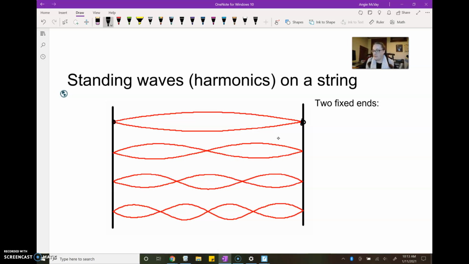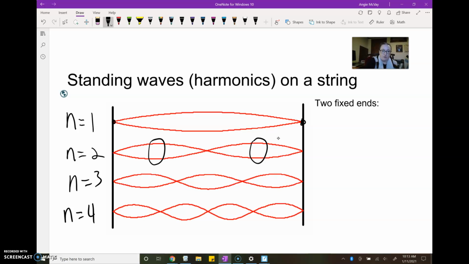And so when we're looking at standing waves, if you remember, we count the number of antinodes. So we count how many regions of bump there is, right? This counts as one antinode, this counts as another, and so this wave we call an n equals 2 standing wave. Right, this is an n equals 1, n equals 3, n equals 4. Okay, we count the number of antinode regions in the standing wave, how many bumps there are.